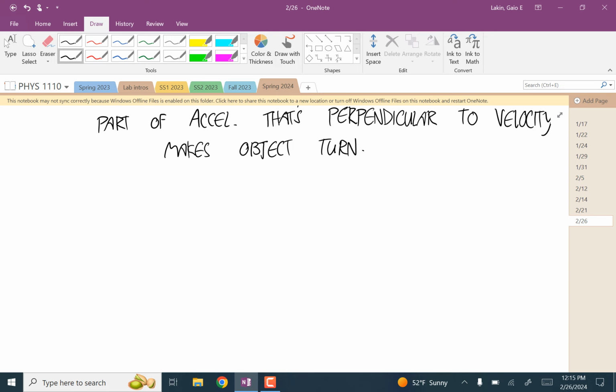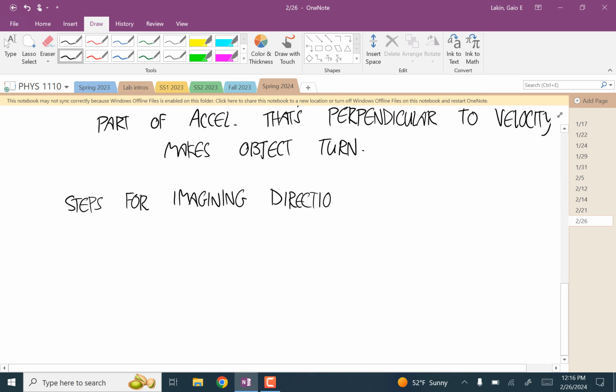So let me give you a set of steps for visualizing the direction of the acceleration vector in 2D.